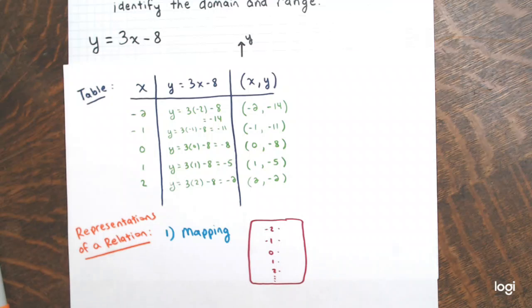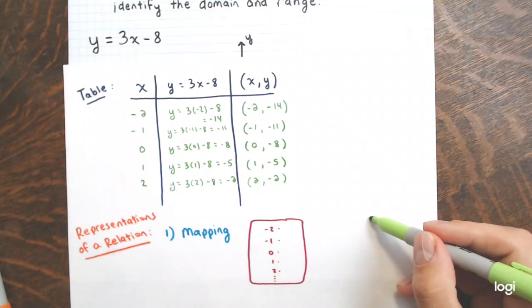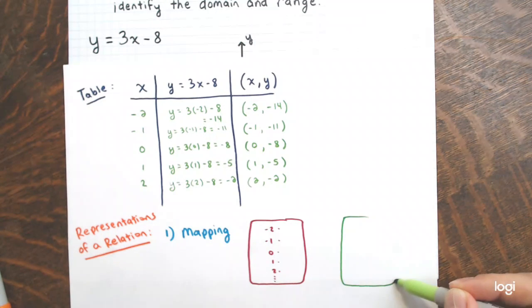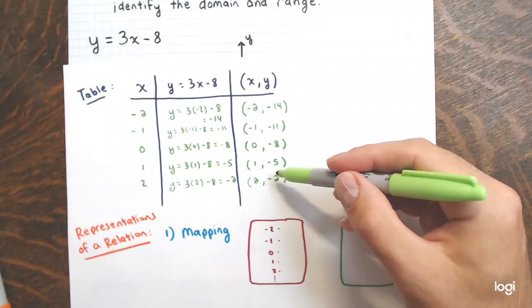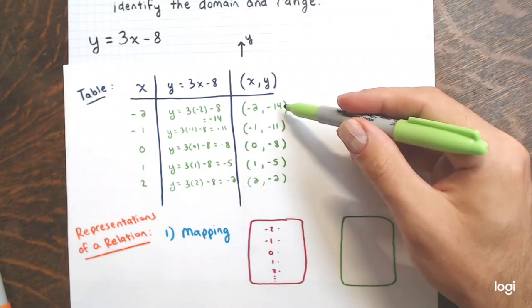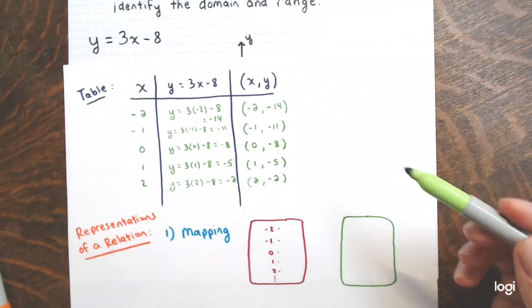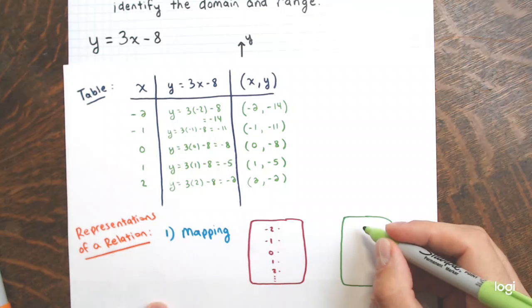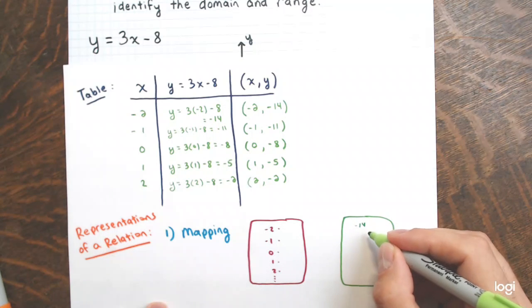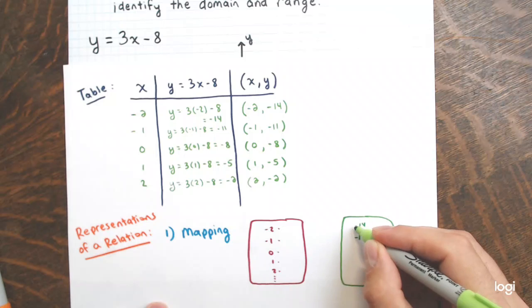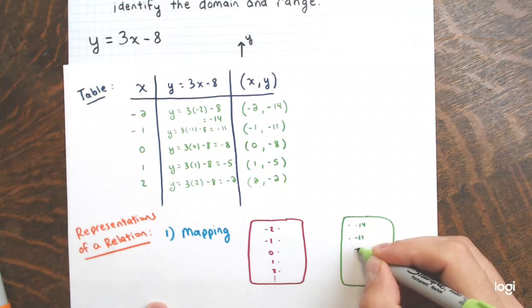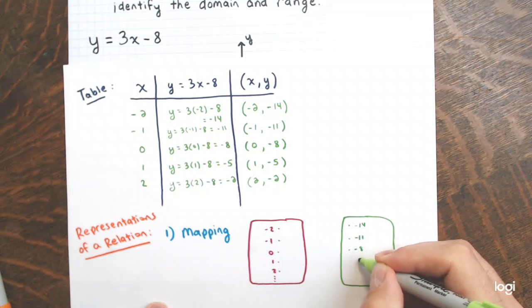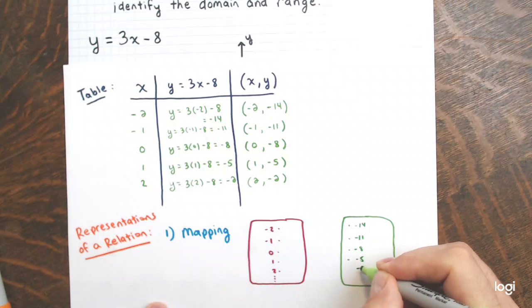And then a box on the other side involving numbers that might belong to the second coordinate, in this case, the y values. And there's -14, -11, -8 that's showing up, -5, -2.